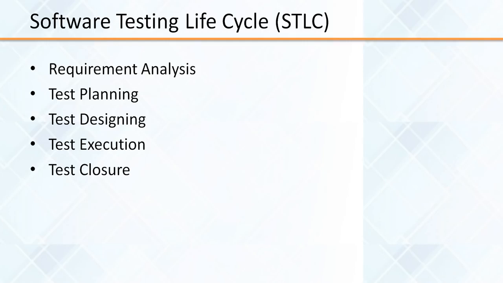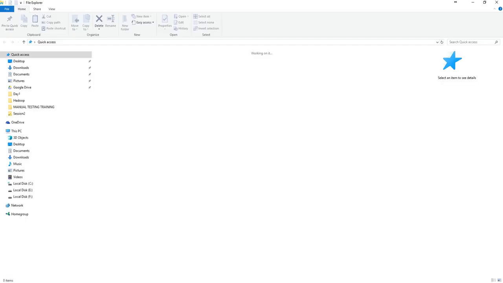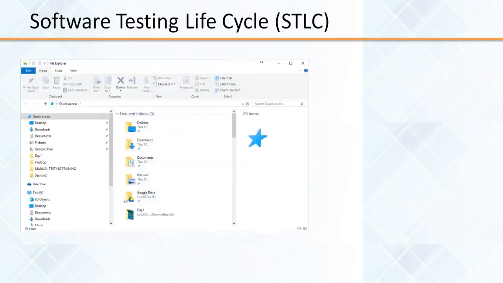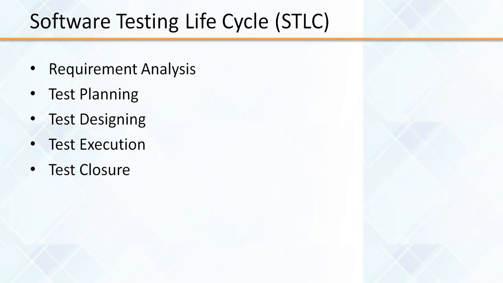Okay, so now let me give you, just a second. At a high-level picture we will discuss now: what is SDLC, what roles we need to have, what people are involved during the phases, what documents we need to use, what the input documents are, and what the output document is.